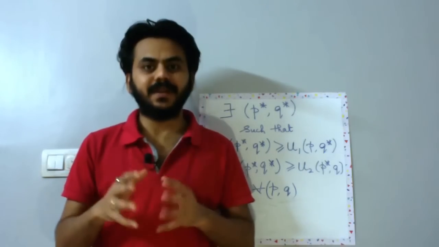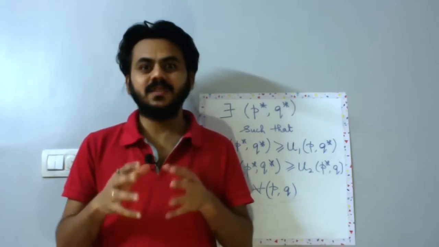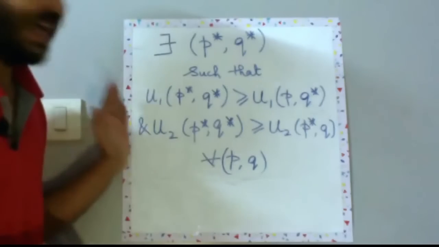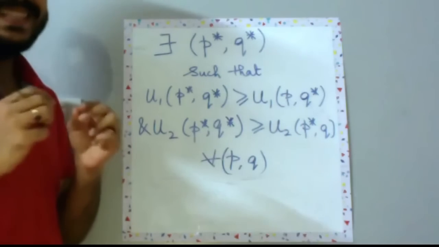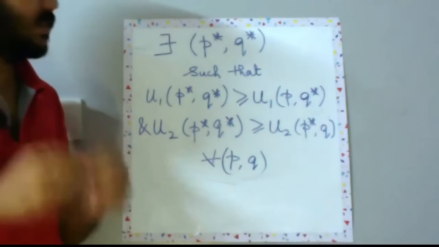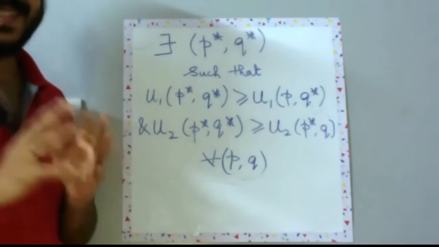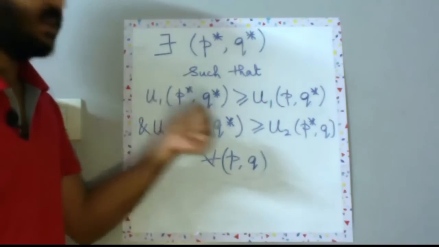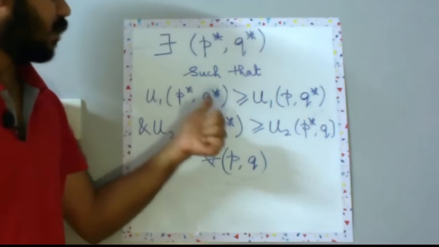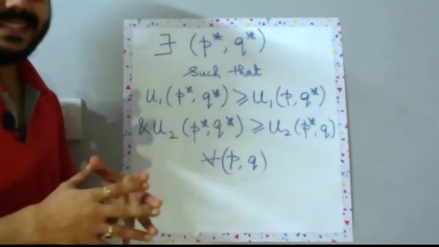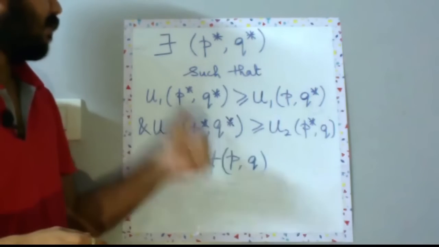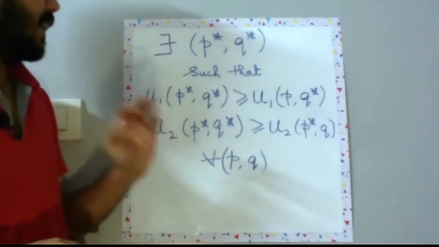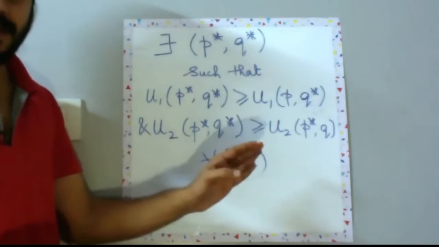We can interpret John Nash's existence theorem in this framework with this algebra: there exists a set of probabilities p star, q star such that utility for player 1 in that combination of probabilities p star, q star is not less than the utility for player 1 if he changes that probability from p star to any p which is permissible.